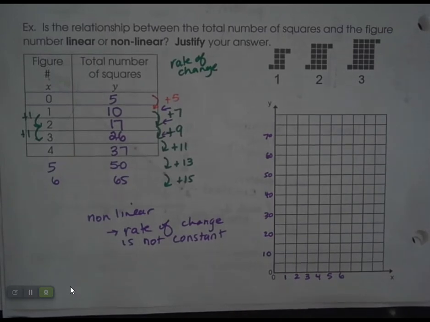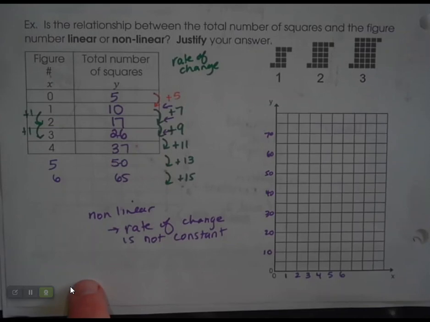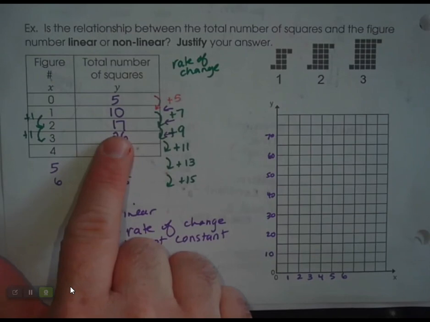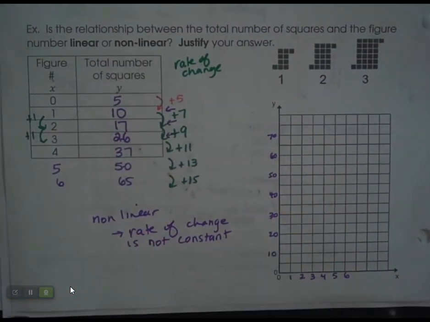So hopefully when I do this, am I going to get a straight line or a curve? All right, so what I want you to do is plot these points on the graph, push pause, and then come back and see if your graph matches mine.